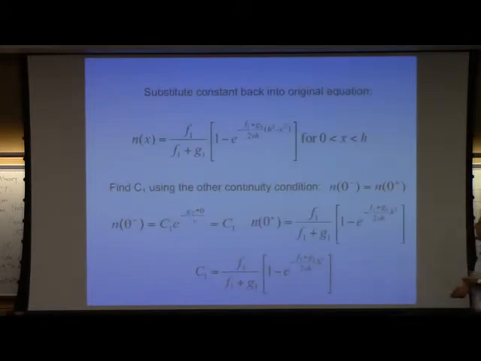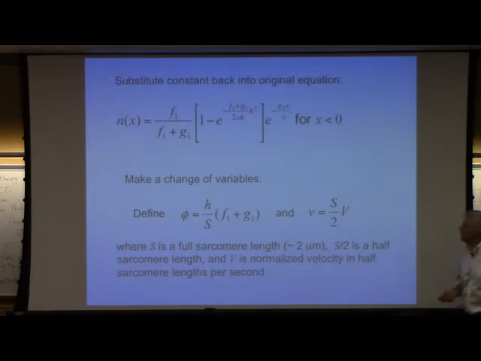Look at the notes and do the math, and you can figure out how we use these continuity conditions. Now we use the other one around 0, and we can compute the other constant here. Then we can figure out a whole solution for the range of x less than 0.